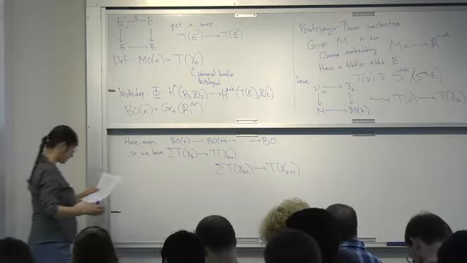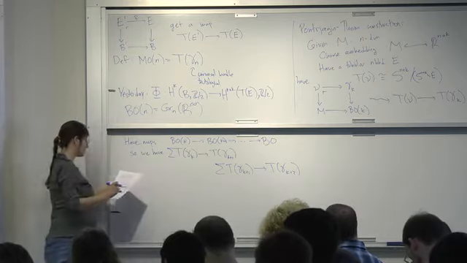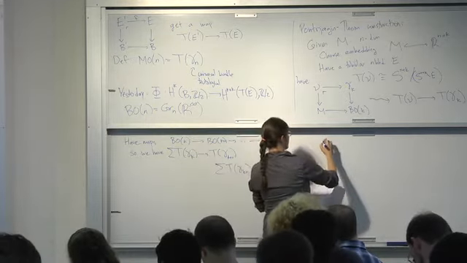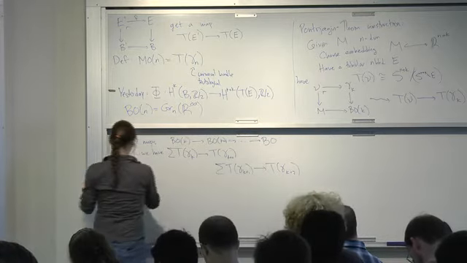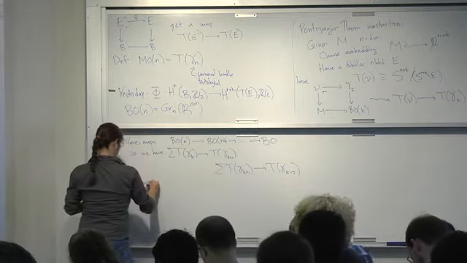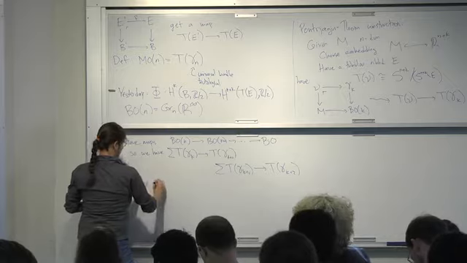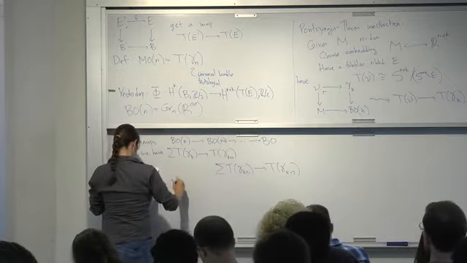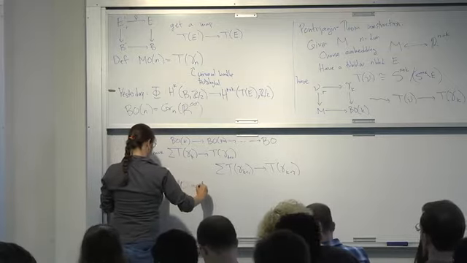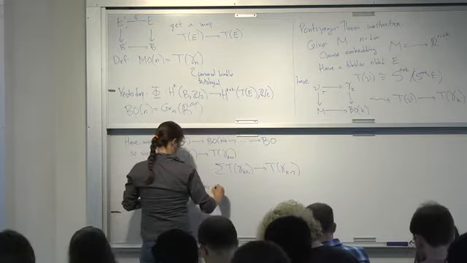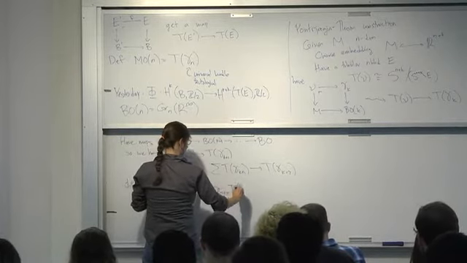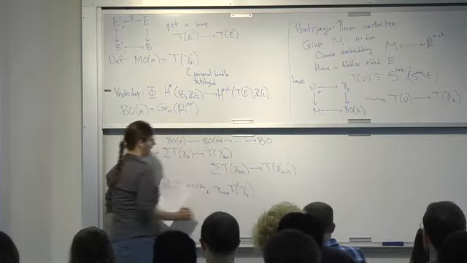So what we end up with is, we're going to define pi_n of MO to be the colimit over k of pi_(n+k) of T(gamma_k).